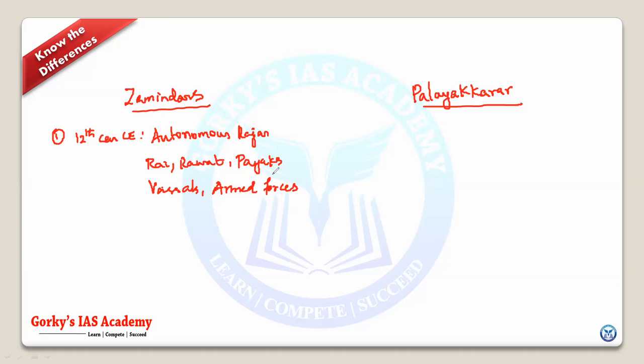These Rai, Rawat, Payaks were also denoted by the term Zamindar during this particular period, 12th century CE.